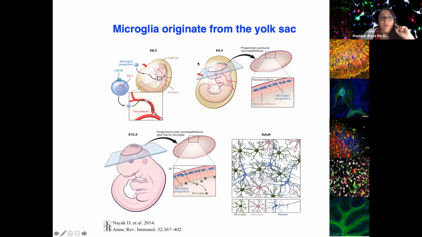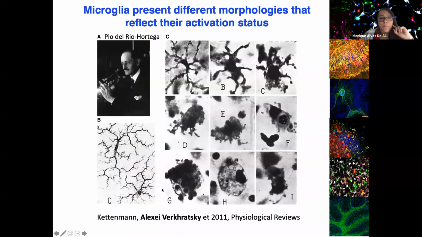These microglia progenitors surround the neuroepithelium of the developing brain around embryonic age 9.5, and one day later, they enter the neuroepithelium and begin to colonize the CNS parenchyma.